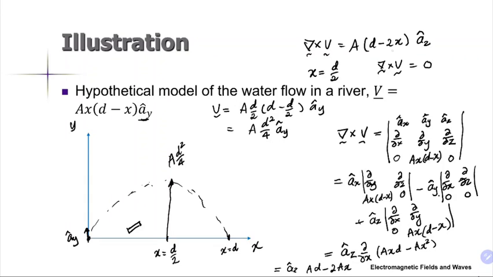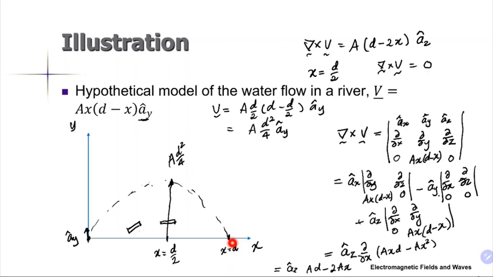If I put d over 2 here, d minus 2 times d over 2, that will also be equal to 0. So this bracket here equals 0, which means that the curl is equal to 0. So what it means is that if I put a plank here, that plank is just going to sail down the river, but it's not going to rotate. So it stays constant moving down the river if I put it right at the center of the river.